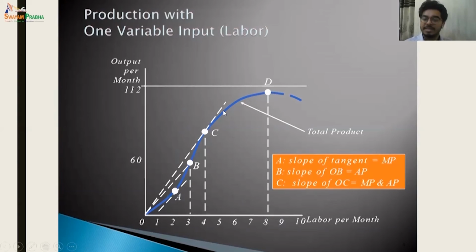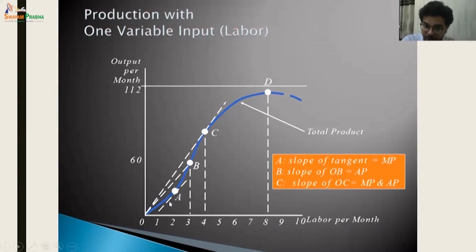And over here, point B is a point connecting the origin and the total product. This slope of OB will be the average product, where I am just connecting the origin and a point on the total product.